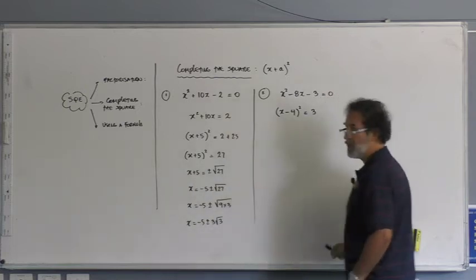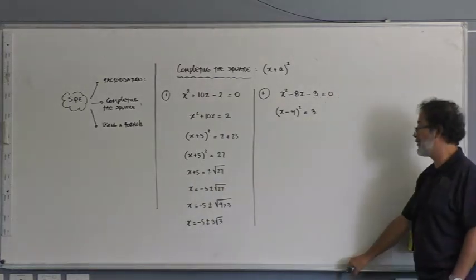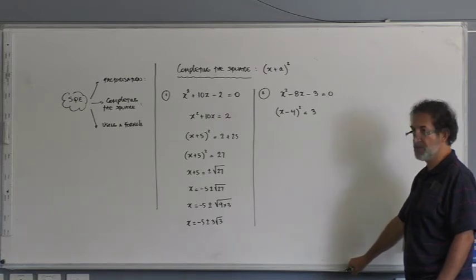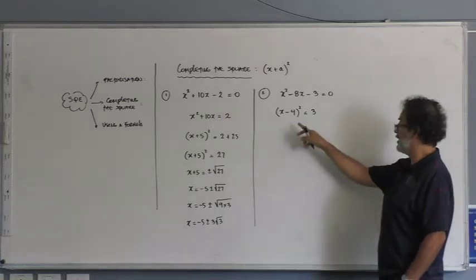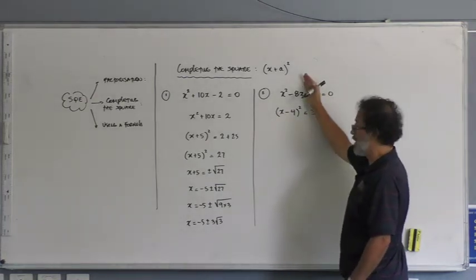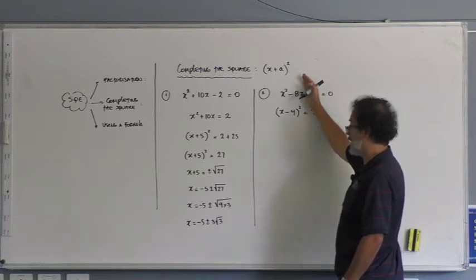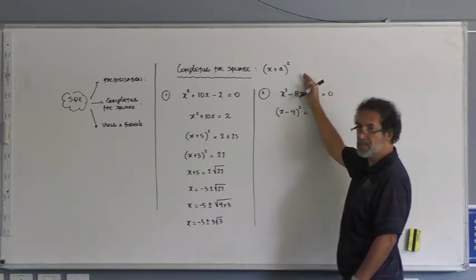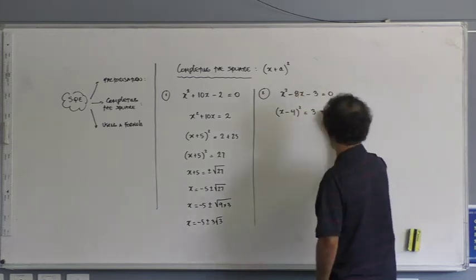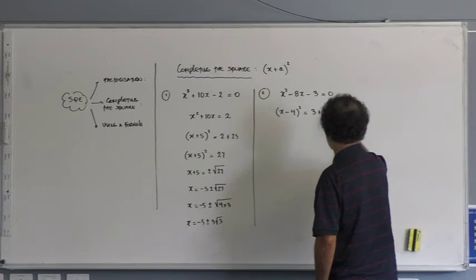So we have x minus 4 in brackets squared is equal to 3. And if you expand this, that is not going to be equal to x squared minus 8x. That is going to be equal to x squared minus 8x and then plus 16. Can you see that? So that's why we need to compensate for that by putting 16 on the other side.